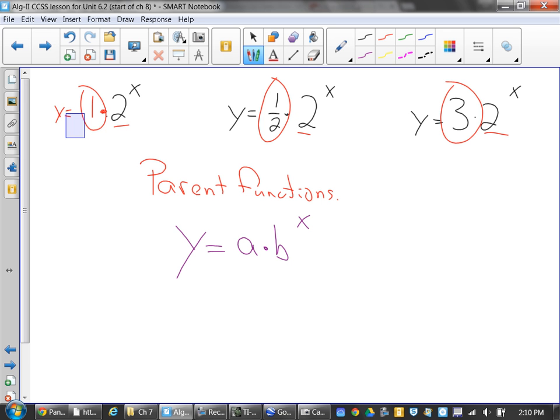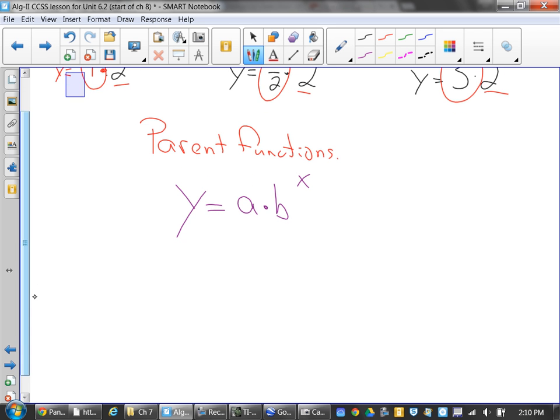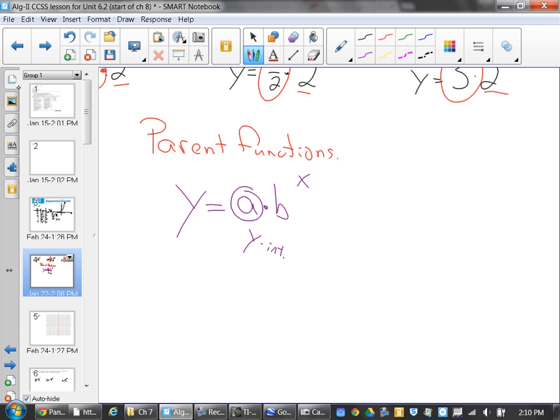That is the parent function for these exponential growth or decay models. This value of a is your y-intercept. You'll start to develop rather quickly here where everything else falls into place pretty easily.